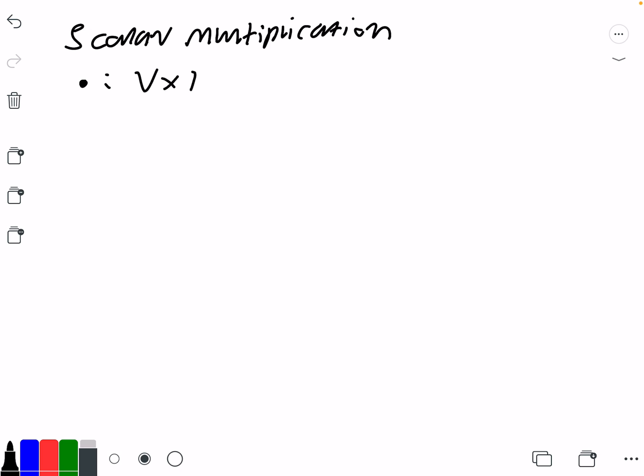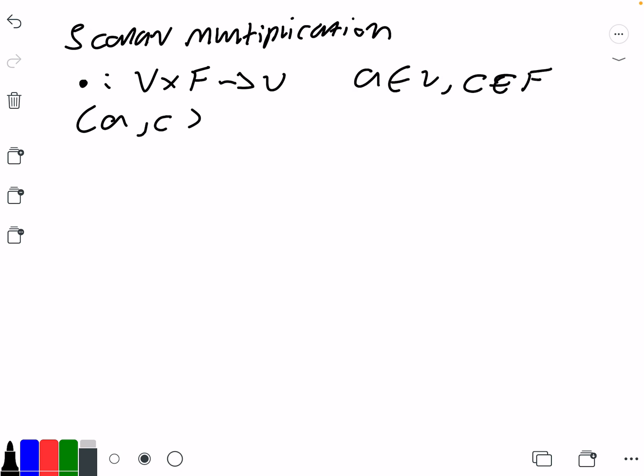But we have V cross F to V. So we take a vector, we'll call them A and B and C, and a scalar, and we send it to that vector. And this has to satisfy: let C1, C2 be scalars.